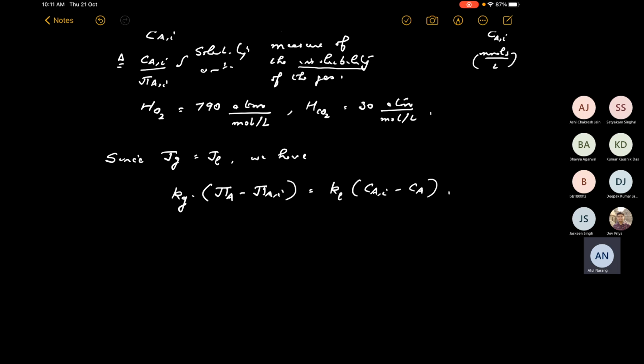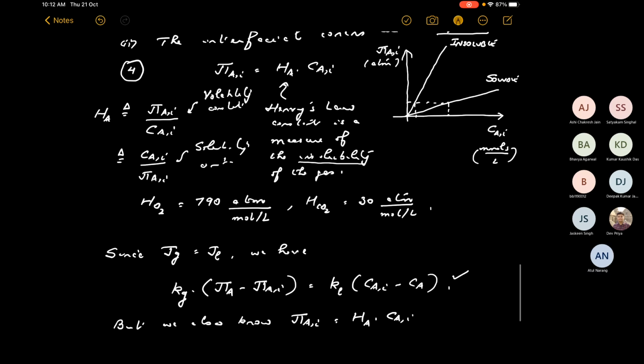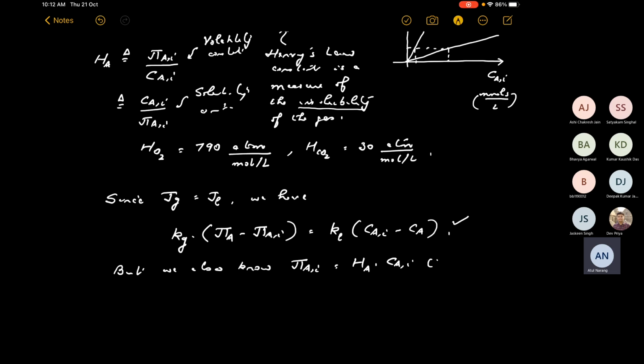But we also know by equilibrium that pi AI is equal to HA multiplied by CAI. This is by equilibrium. So basically we have two equations, this equation and this equation 4.